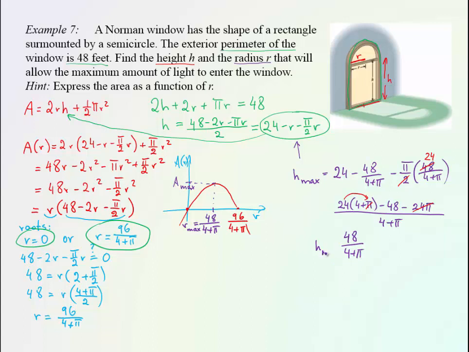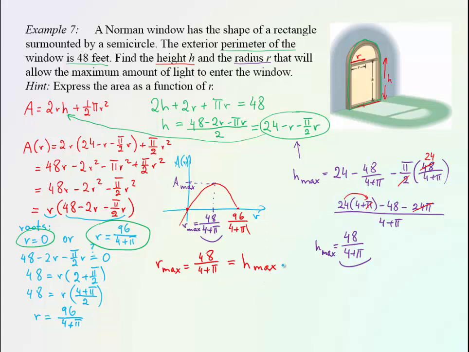That's your H maximum. Surprise, surprise, we have exactly the same value as the R maximum. So we can give the final answer. The R maximum is 48 over 4 plus pi, and this is also equal to H maximum.